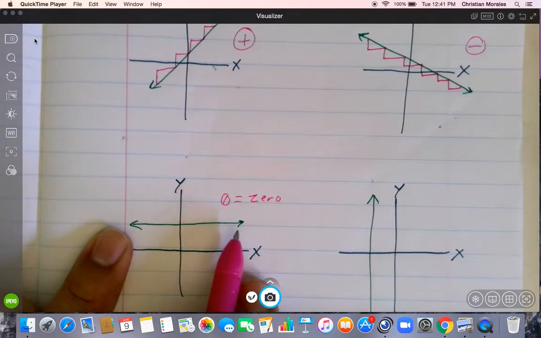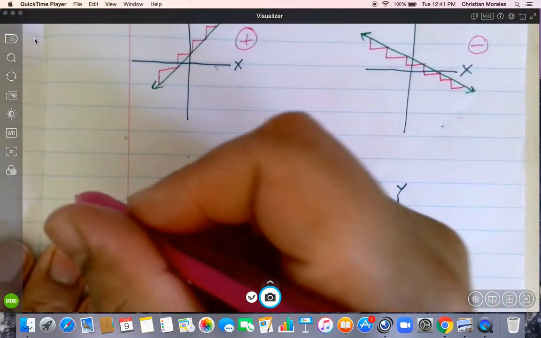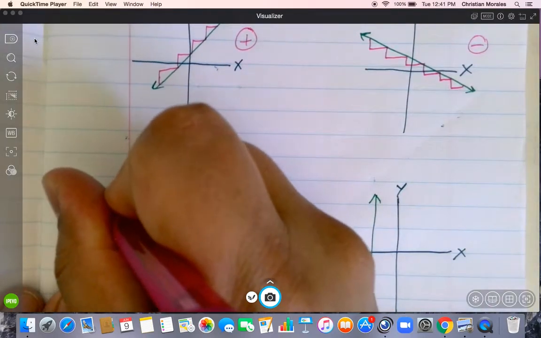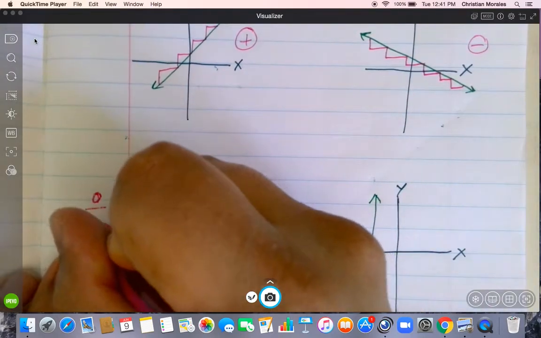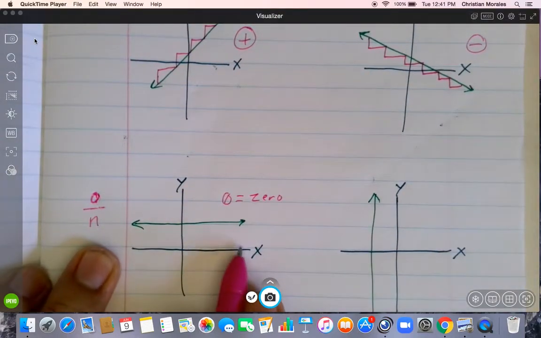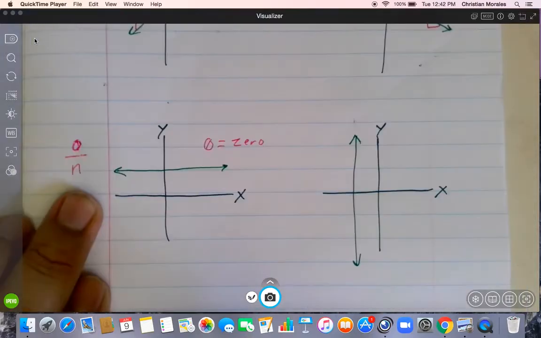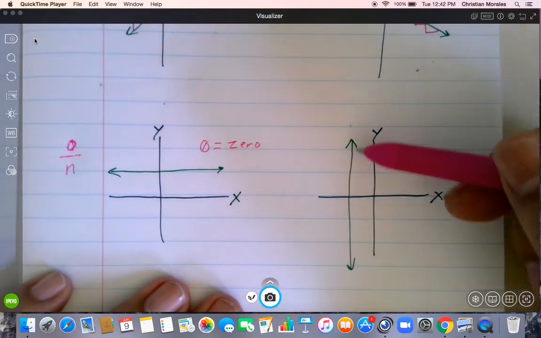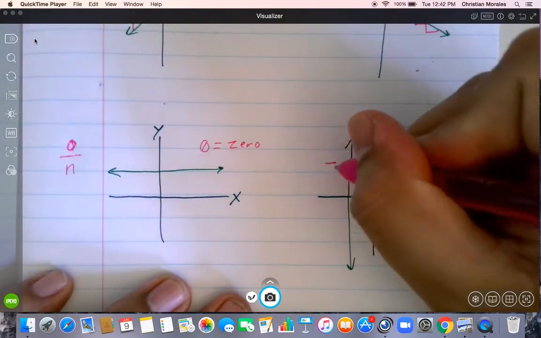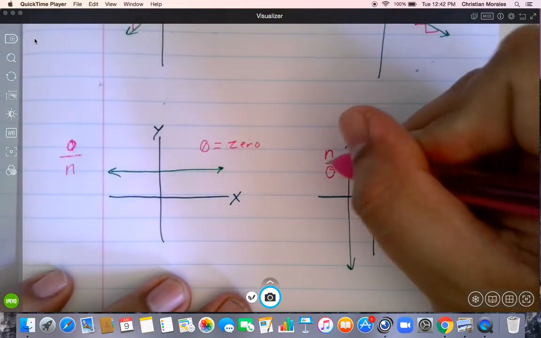So if you use the formula, that means you're going to get a fraction with 0 on top and a number on the bottom. If this happens, that means you have a flat line, the slope is 0. Now, sometimes you get this. And if you use the formula, the 0 is actually on the bottom and the number you have is on top.